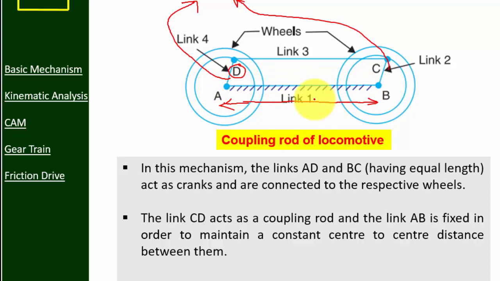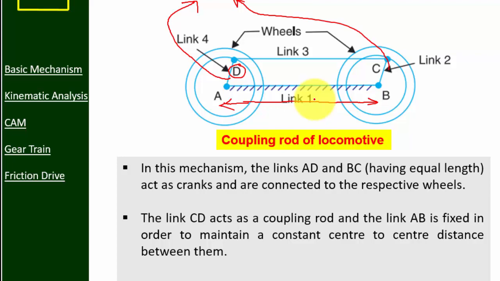Again, that link AB is fixed. So whenever link AB is fixed, it will provide a better center distance between two wheels. There is no possibility of changing distance between two wheels. That's why we prefer double crank mechanism in coupled rod of locomotive.